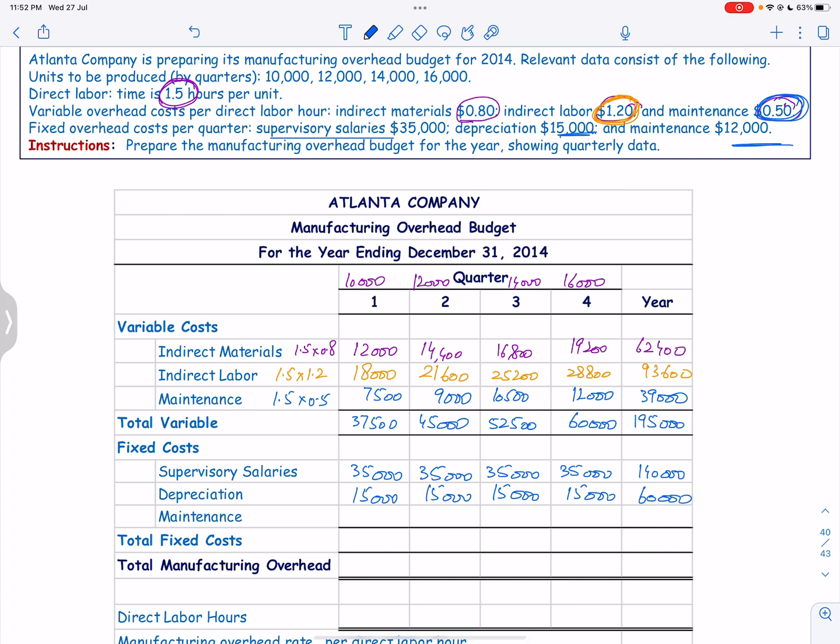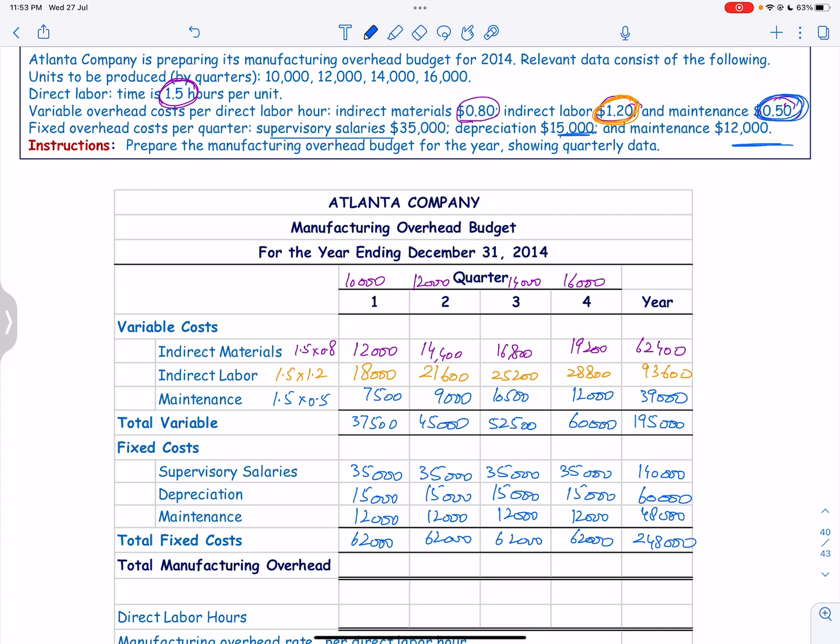Then we have maintenance of 12,000 each quarter, that will be 48. So the total fixed cost will be, for the first quarter 62, second again 62, third is 62, fourth is 62, and the total will be 248,000.